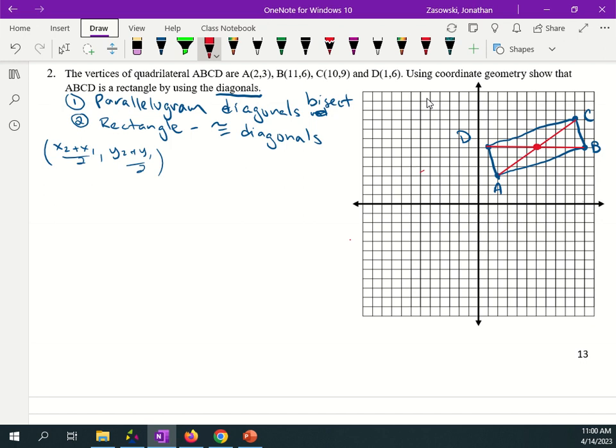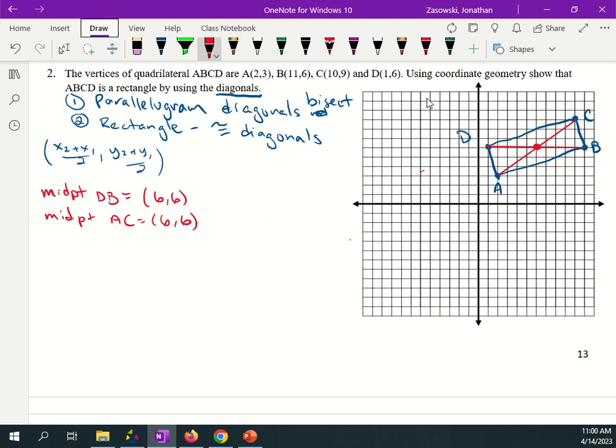So even if you don't show the work, as long as you put the midpoint of DB and tell me what it is, in this case, it's 6, 6. And you also then said the midpoint of AC is also 6, 6. I'll take it. Because you have the graph and you've shown your work on the graph, it counts.